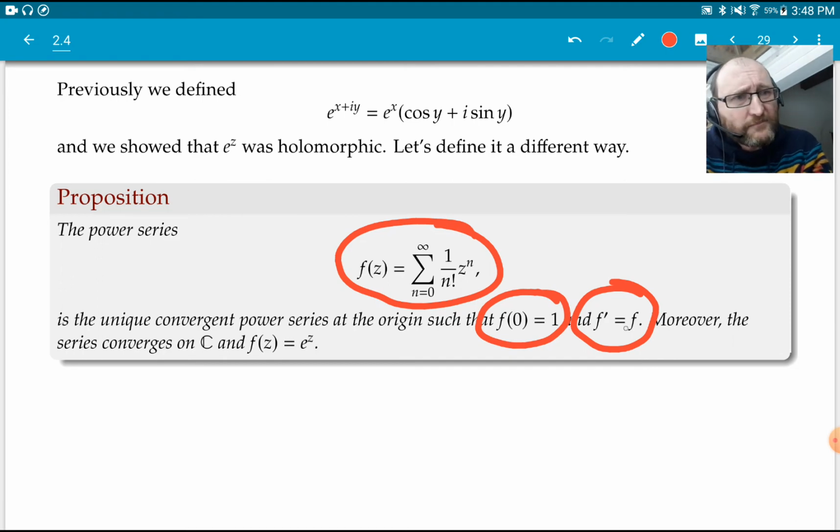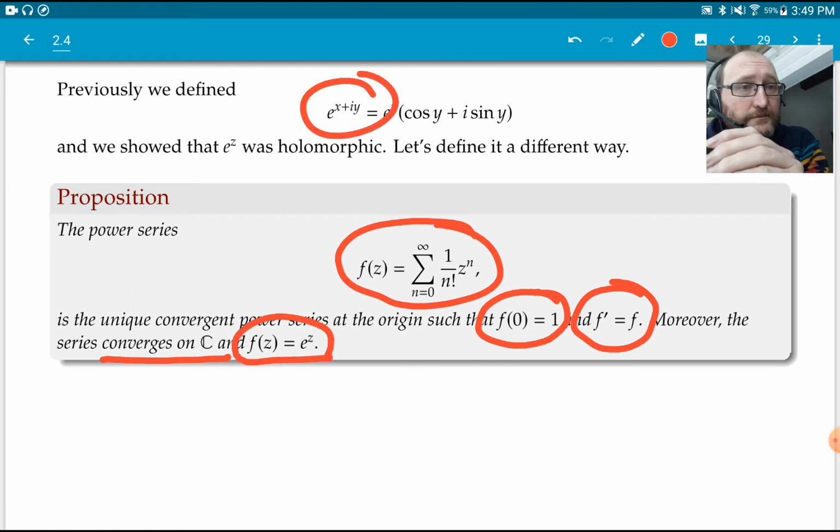So we're solving this initial value problem, this differential equation, right? And moreover, the series converges in C, which is easy. And it equals e to the z, which we have defined in this way.